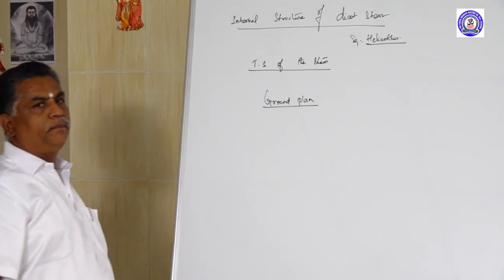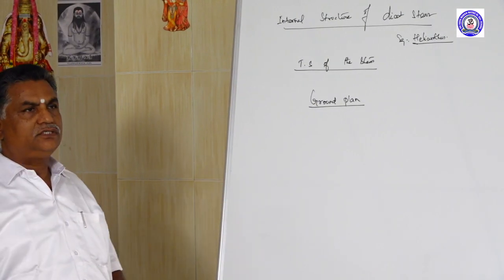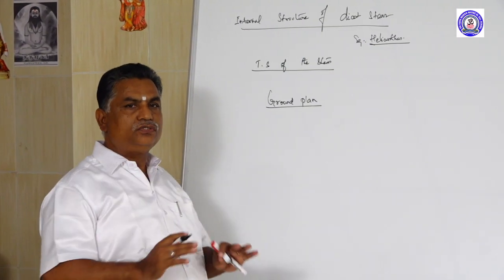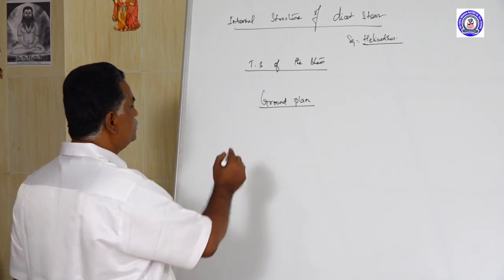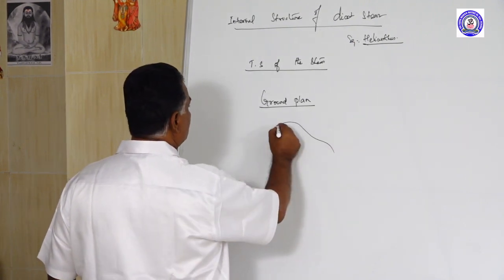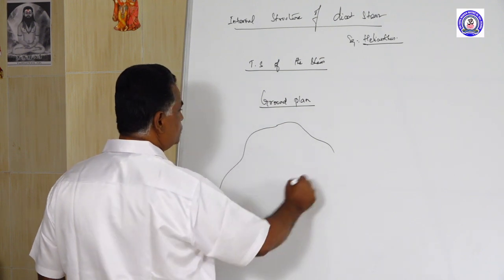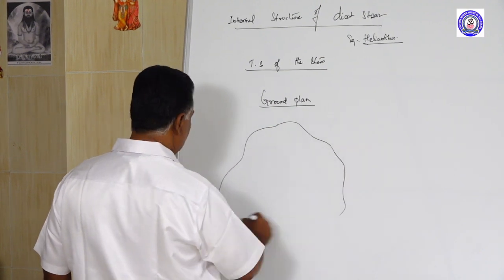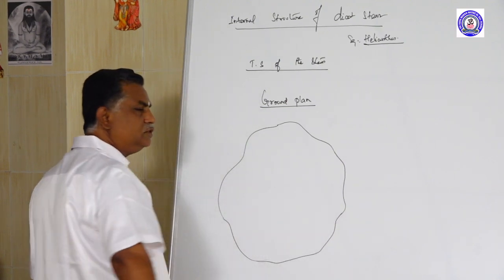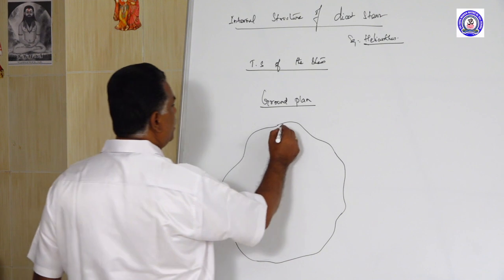What is a ground plan? Ground plan is a structure which shows the distribution of all tissues altogether in a place. So in the ground plan, you will see structures like this. The periphery is not circular.